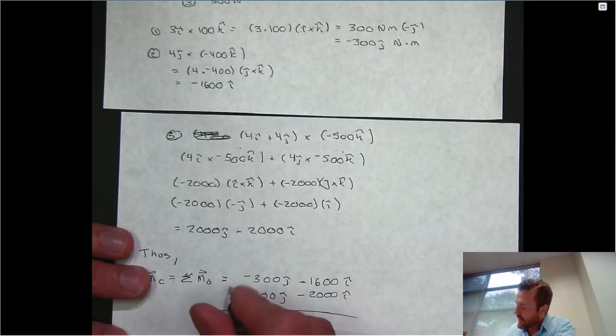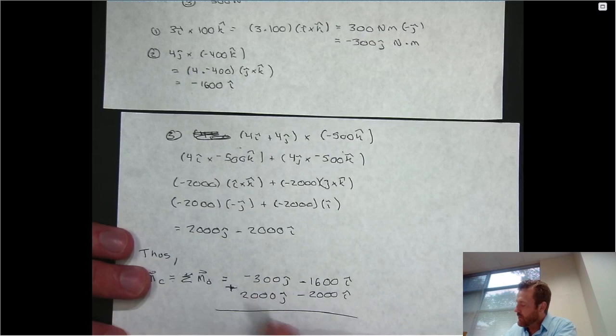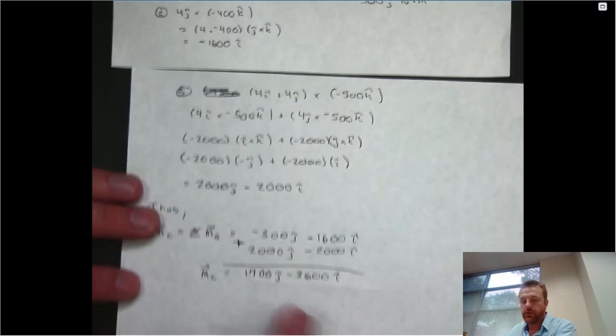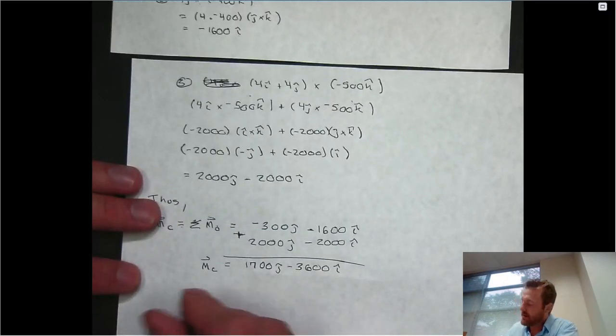So if I add those together, what am I going to get? Well, minus 300 plus 2000 is just 1700 j hat. And then minus 1600 minus another 2000 is minus 3600 i hat. Now, by convention, you usually write vectors ordered with the i hat component first, then the j hat component.